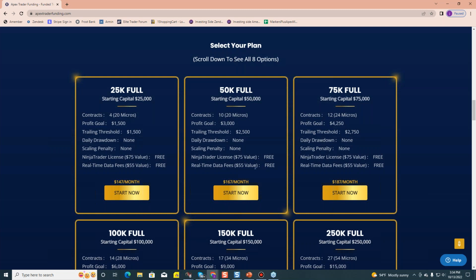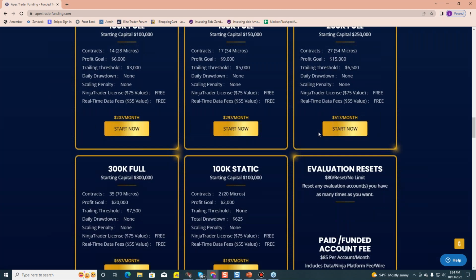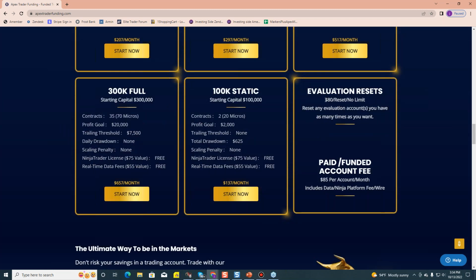And by the way, let's say that you sign up for this and you start trading and you blow it tomorrow, you fail it tomorrow. All you have to do is pop in your account. You can pay an $80 reset fee and start over. It puts you back at the original balance, back at the original stops. You can reset as many times as you need to. That's not held against you, okay?